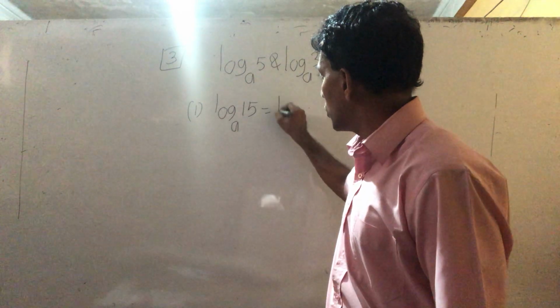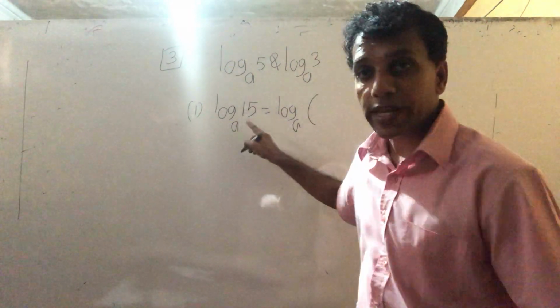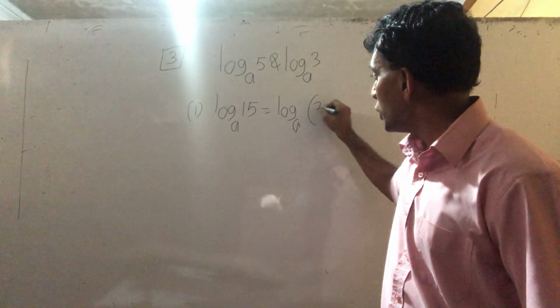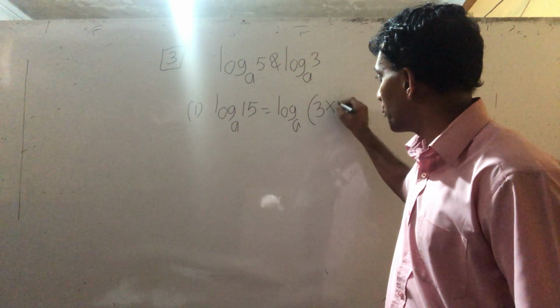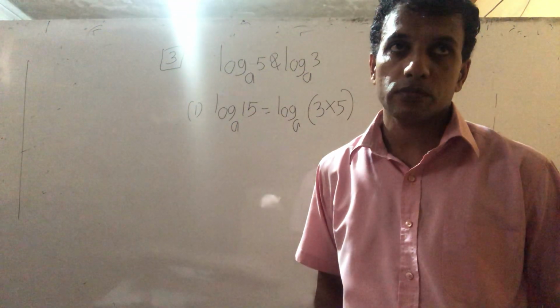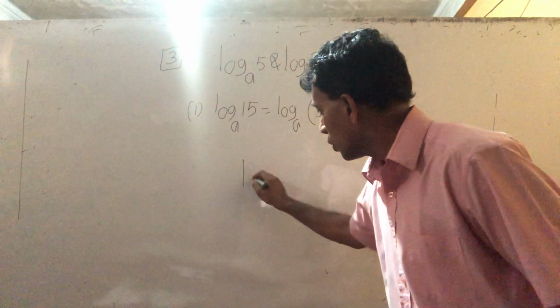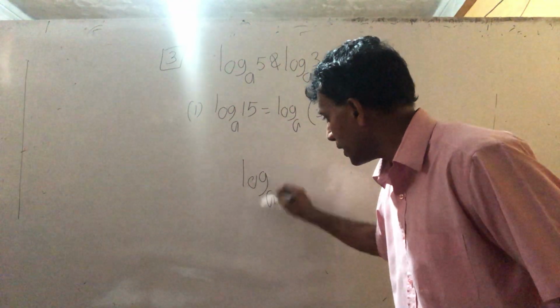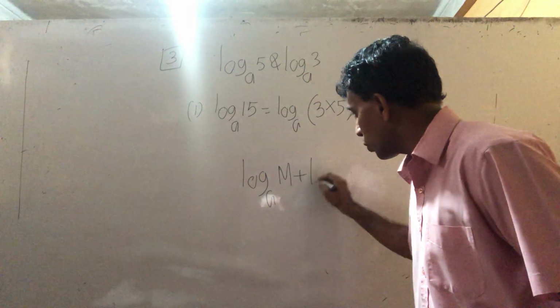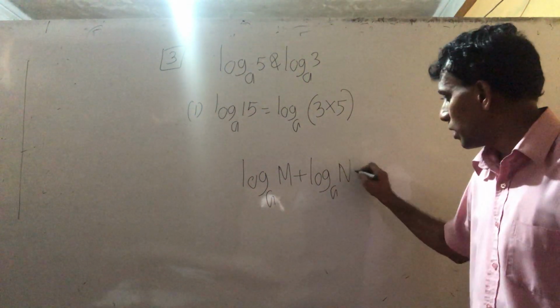So here logarithm a, write the 15 as 3 multiplied by 5. Now see the rule. If I show once again the rule: logarithm base a m plus logarithm base a n is equal to what?